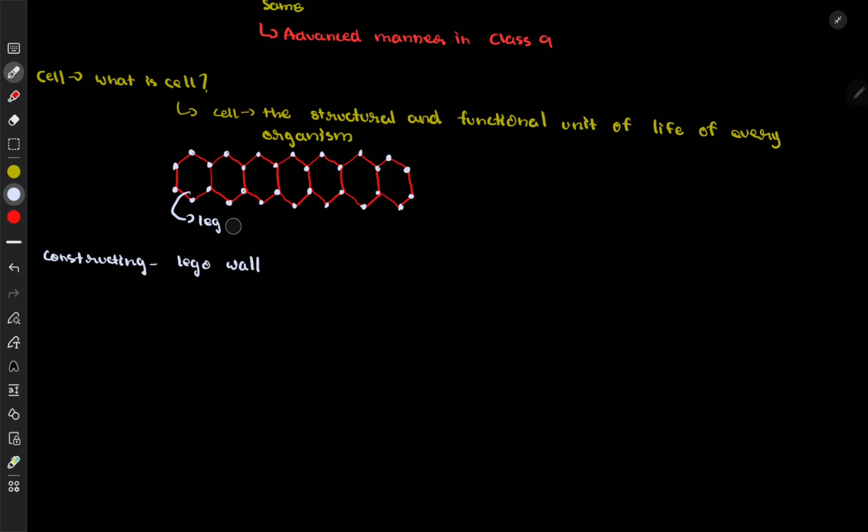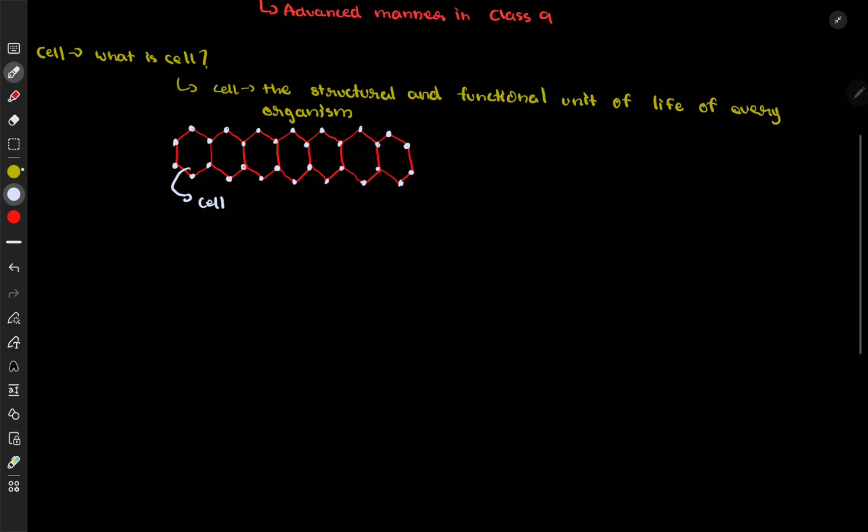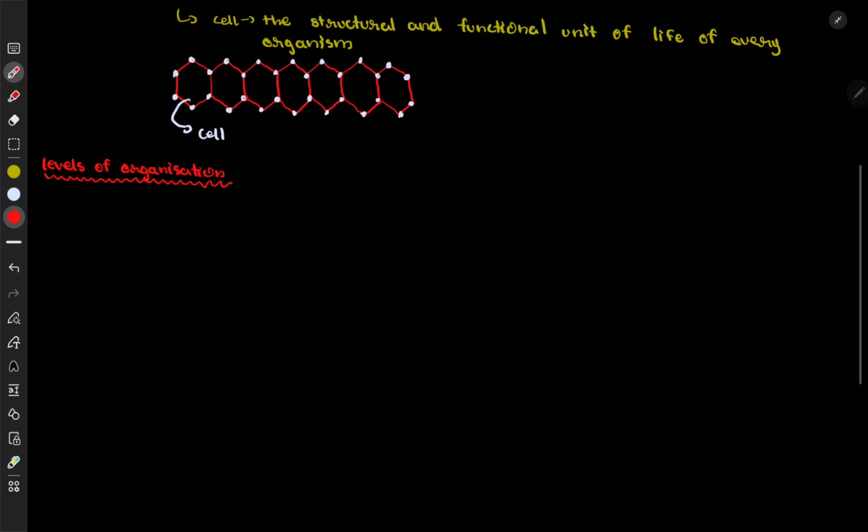Now, similarly, if we take each one of these hexagonal structures to be a cell, we can form out the levels of organization. So let us put the heading. Levels of organization.